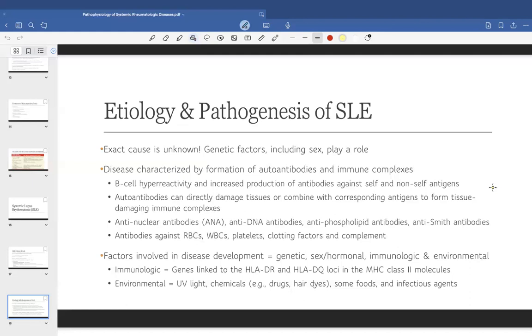These are going to be HLA, DR, and DQ loci on your white blood cells. Environmental: UV light, chemicals, including drugs and hair dyes, some foods, some infectious agents. So quite a few. We don't always know.